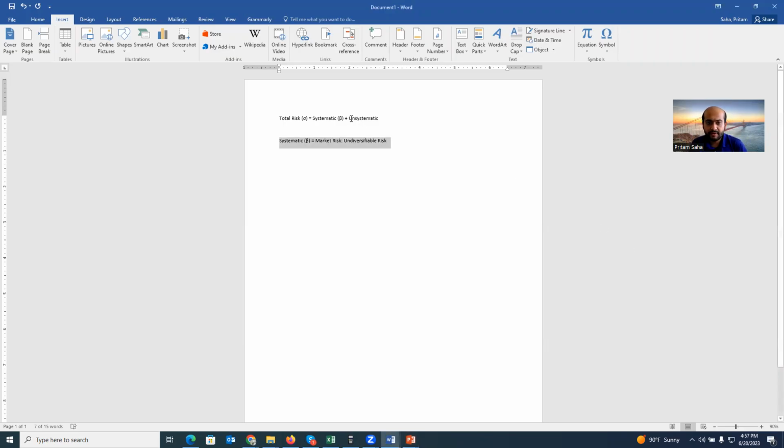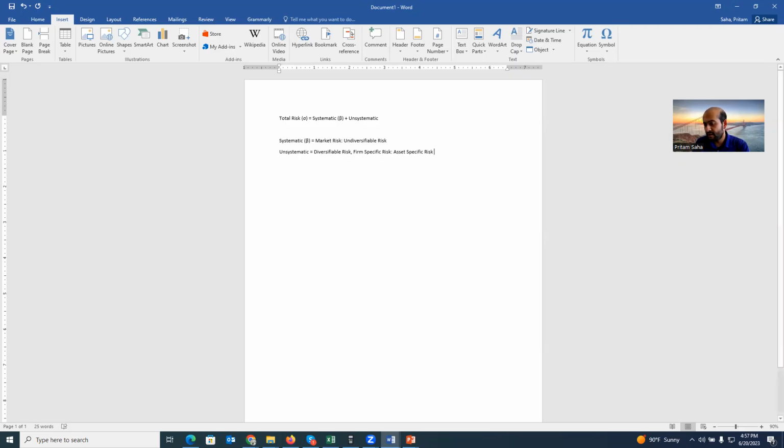Now, unsystematic risk also has a lot of different names. This is sometimes called diversifiable risk, sometimes called firm-specific risk, sometimes called asset-specific risk.